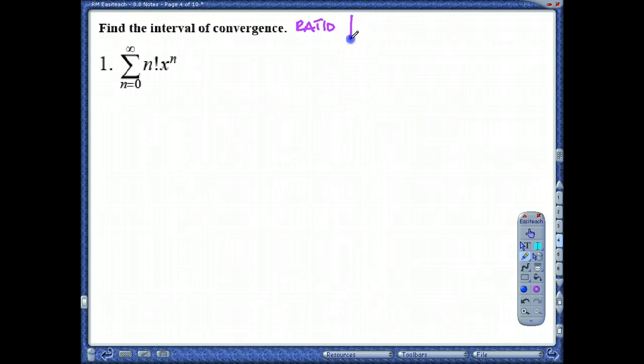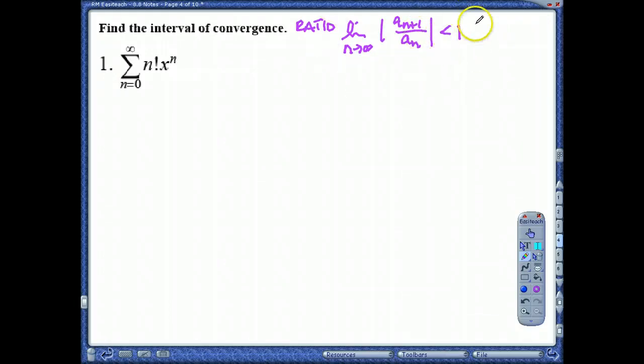So remember your ratio test: you're taking the limit as n approaches infinity of the a sub n plus 1 term over the a sub n term, and we're looking at where this is going to be less than 1. Because if it's less than 1, we know it converges. If it's greater than 1, it's divergent, and if it equals 1, the test is inconclusive.